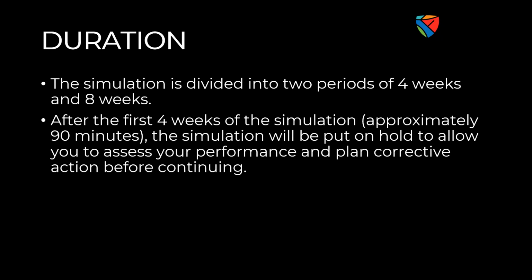After some time, we are going to put it on hold and allow you to assess your performance and plan corrective actions before continuation. So this is our week 8, but let's consider it as week 9 because the college will be considering it week 9. You don't have week 1. So we are going to work for 2 weeks on this, then we will check, and the last 2 weeks we will work again to make corrective actions.